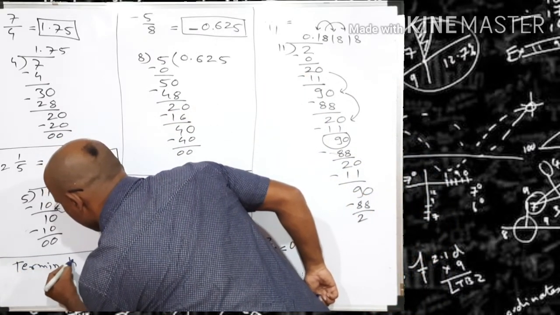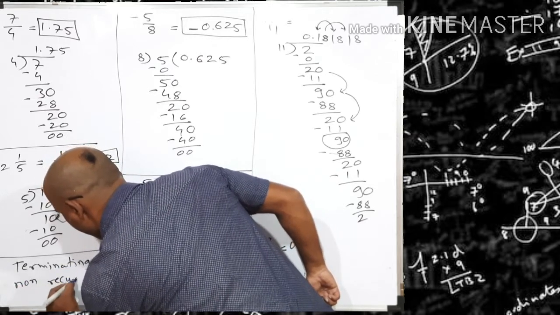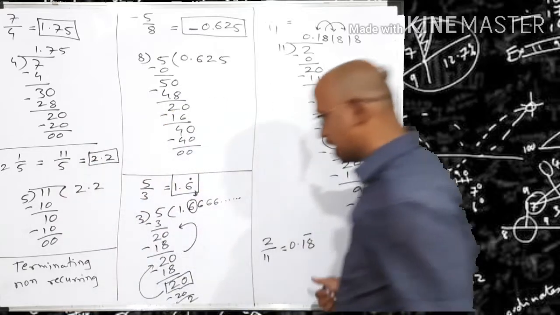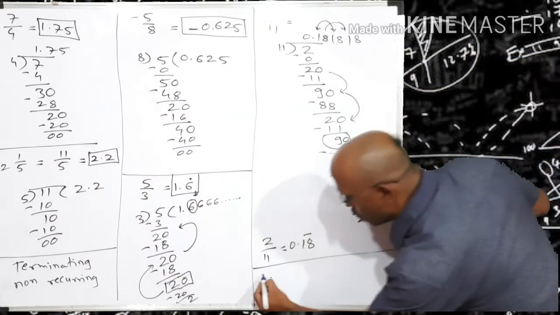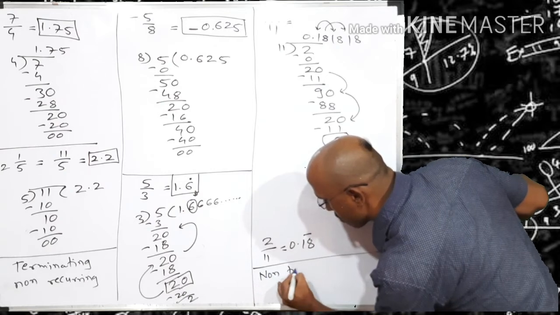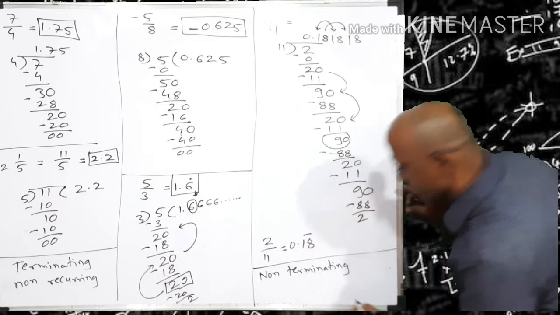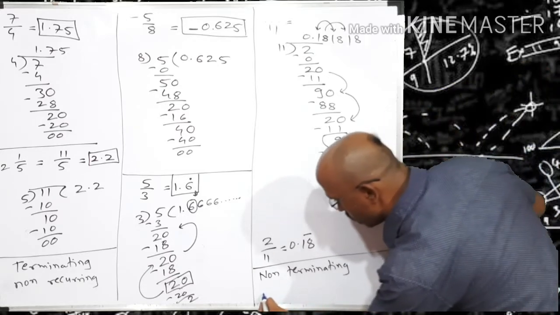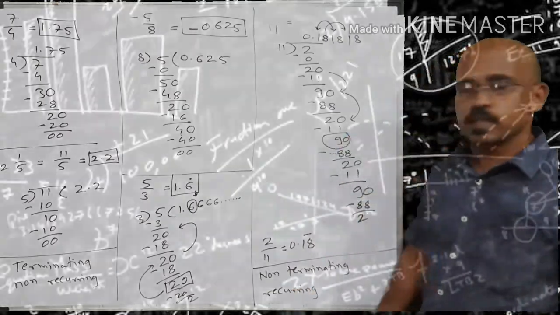And in this case, the division is not terminating. So it is non-terminating, but it is reoccurring again and again, recurring. Clear?